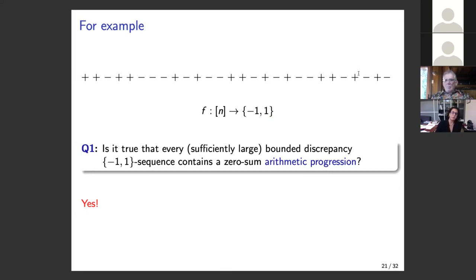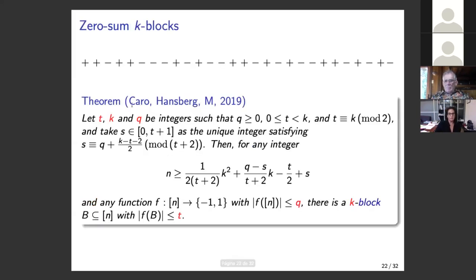If you have any chain of pluses or minuses, provided that the whole discrepancy is bounded, then you can find a zero-sum arithmetic progression. And I proved this with my colleagues Jerry Caro and Adriana Hansberg.